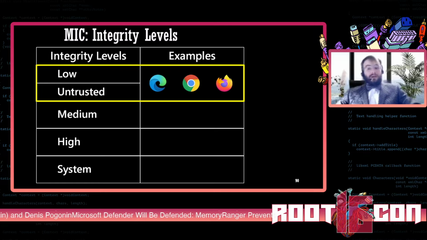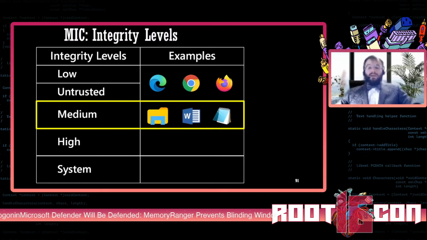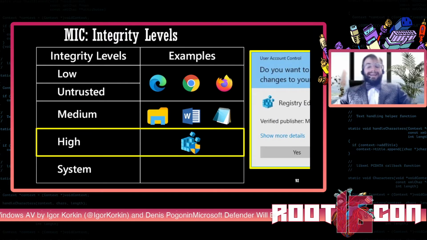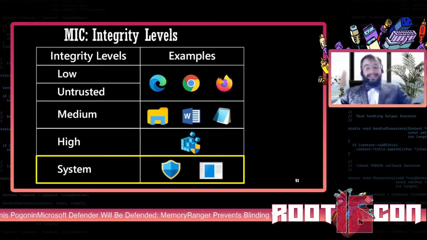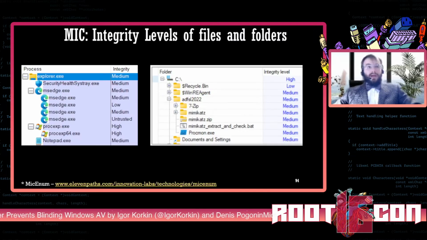Most apps that we use run with medium integrity level, such as Explorer, Notepad, Office, etc. High integrity level is assigned to apps launched by User Account Control, UAC. System integrity level is used by system-level apps such as Microsoft Defender to protect them from other apps. Here is an example of integrity levels for the running processes and files on the disk.